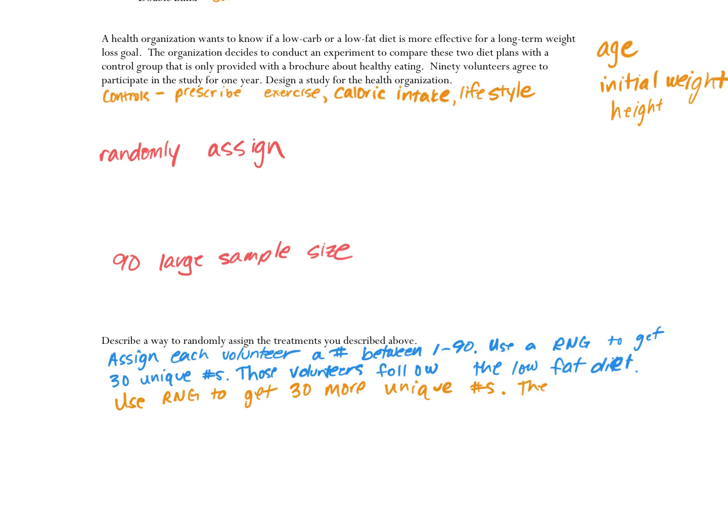These volunteers get a low-carb diet. Do I need to generate 30 more numbers? No, I only got 30. The remaining volunteers get the pamphlet.